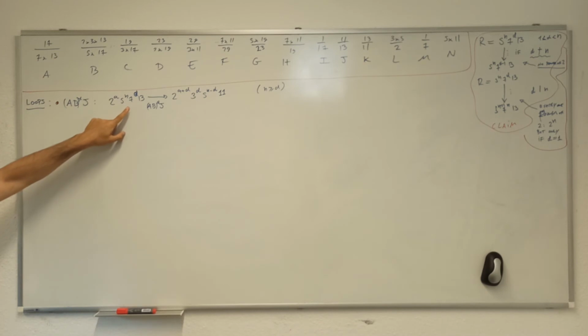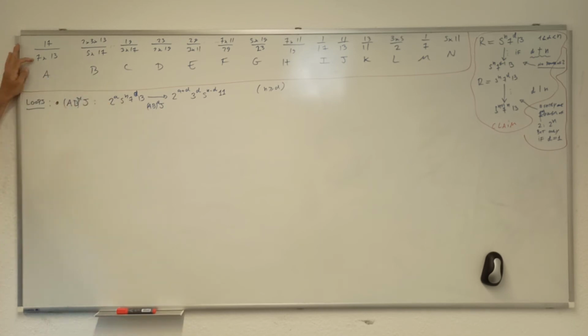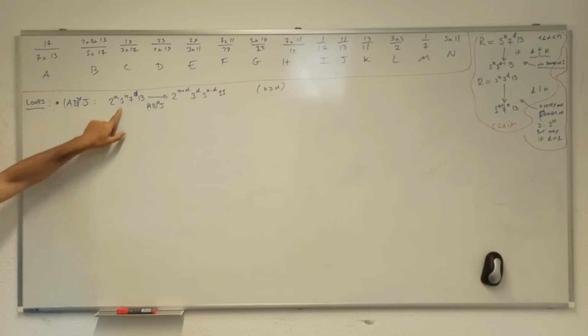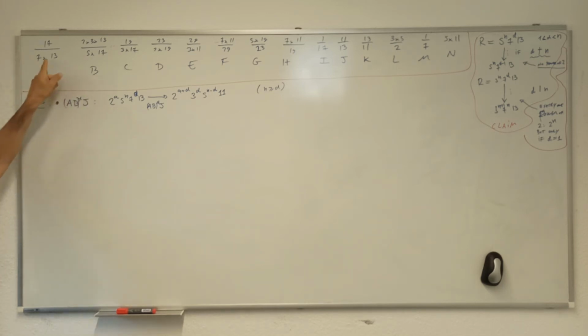So, okay, I do have a 7, and I do have a 13. Suppose that these are greater or equal than 1. So I will divide by this, okay? And then I will remove that 13, and I put a 17, and remove one of the 7s. If d is greater or equal than 1, then n is greater or equal than 1. Therefore, I do have a 5, and I just put a 17, so I can divide by b.